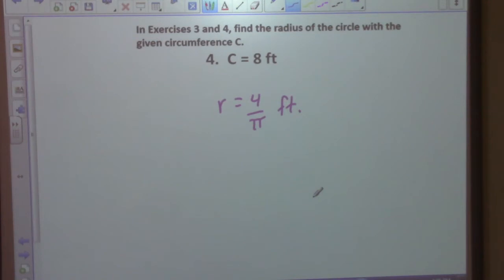Okay, now, 5 and 6 have to do with a new type of formula that you haven't been made acquainted with yet. It's called the arc length formula. And the arc length formula is exactly what they give you in problem 5.